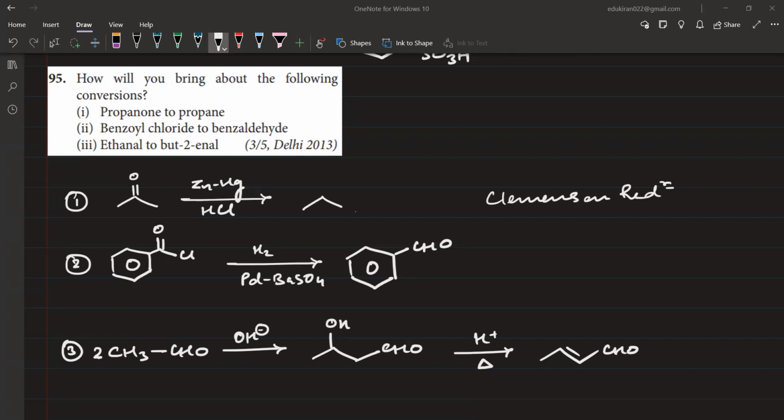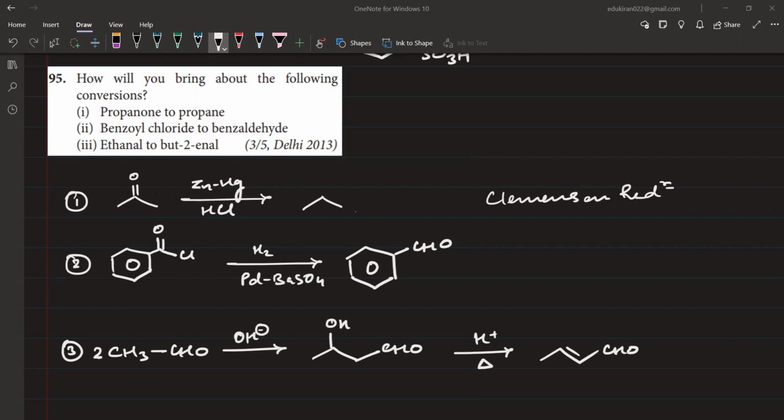Okay, what do we use in Etard? What is the difference in Etard? In Rosenmund it is this. What is it in Etard? In Etard we use this. What do we use? Tin plus HCl, stannous chloride?